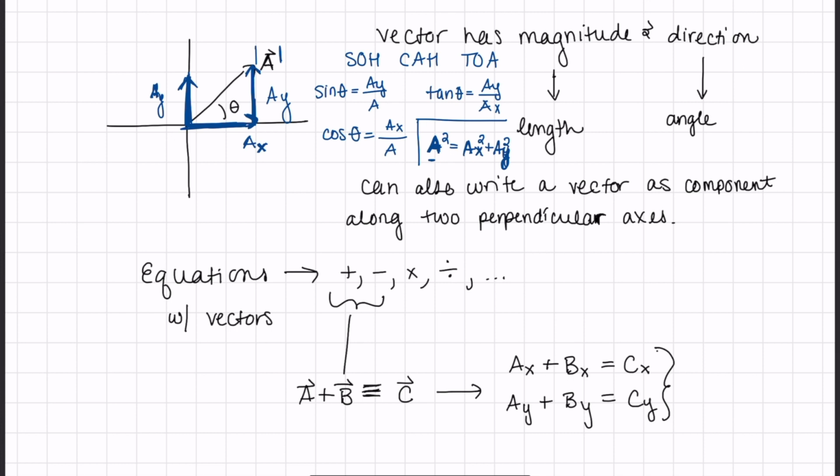So now once we have that, let's hop back down to the equations, or the addition and subtraction, I guess I should say. So this is how you would add to get the components of CX.